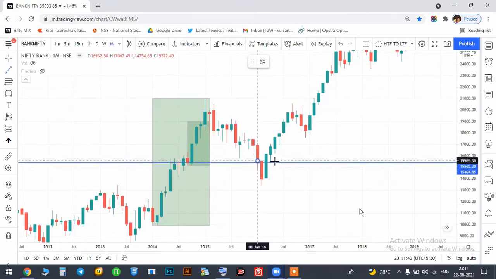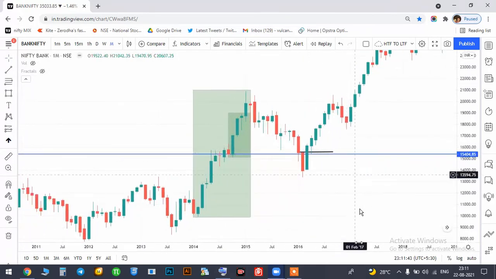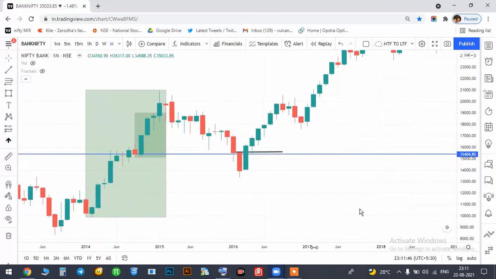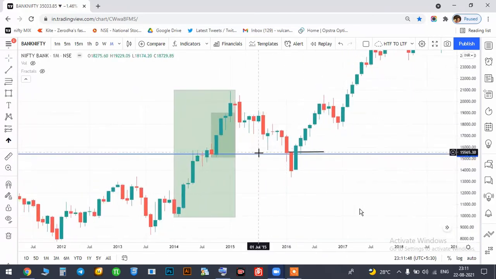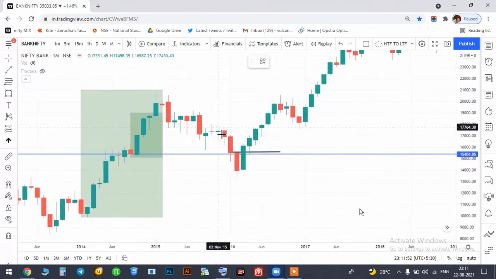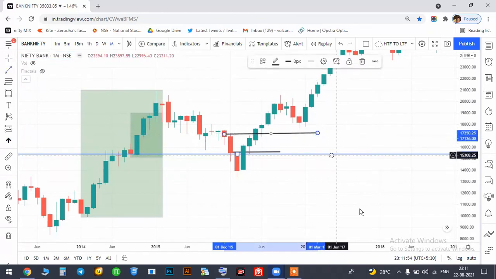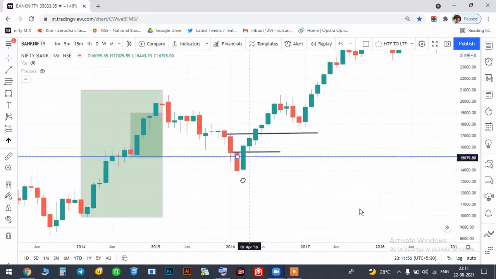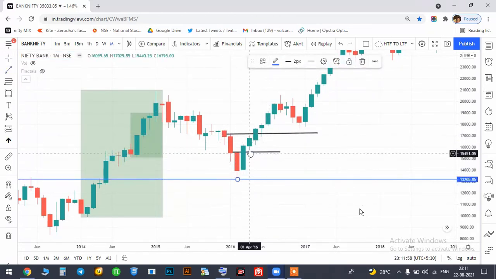So what happened here? Broken. And at which level did it break? 50. So this 50 is your friend, and again broken here. This also broken. And now when it was coming back into my order block, so this becomes your order block.